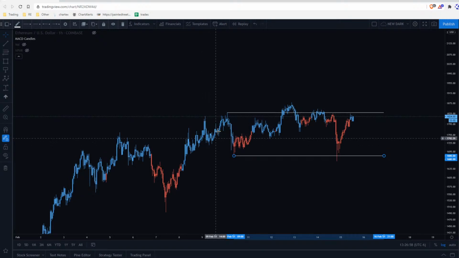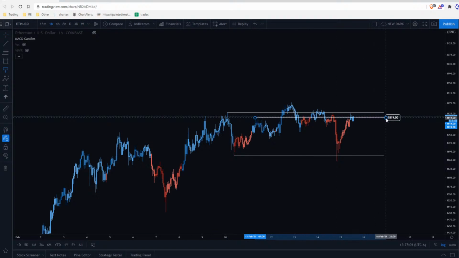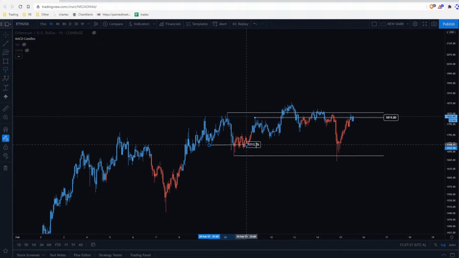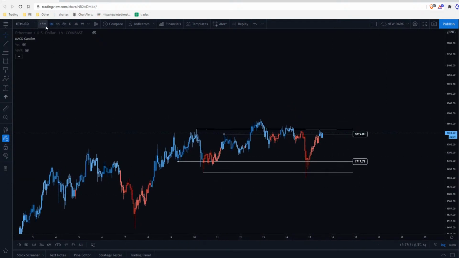So this is all in a range. This just gave us a high. This gave us a sweep of the high. This gave us a sweep of the low. We had a rally here. And probably this is our first sell-off right here. So in my opinion, ETH is going up out of this.